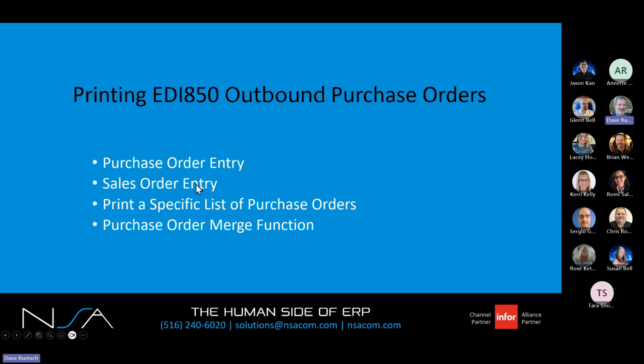Those could be printed from sales order entry. Or I can do a list of purchase orders using the purchase order print function. If I'm working a bit and then I want to make sure I sent them all, I can use a list in that methodology. And the final method is through the purchase order merge function that's in the buyer's control center.